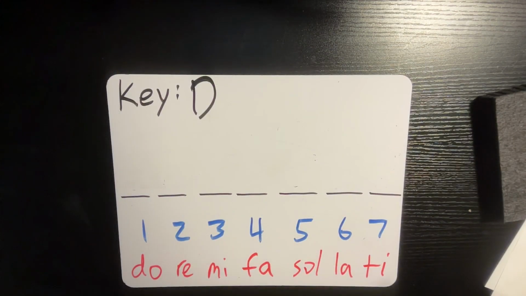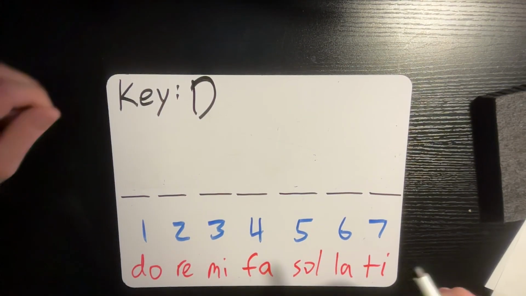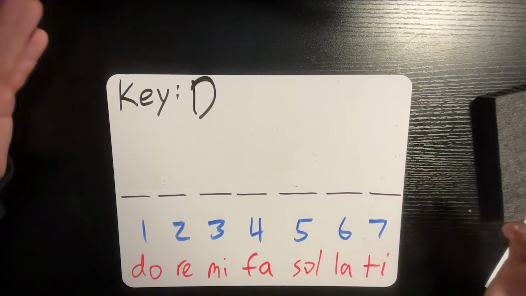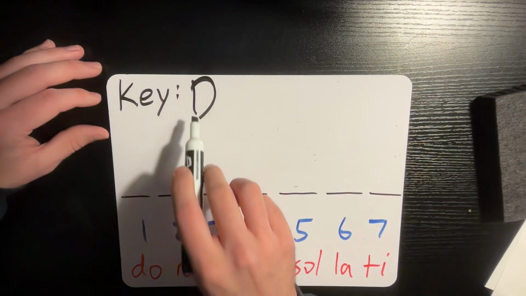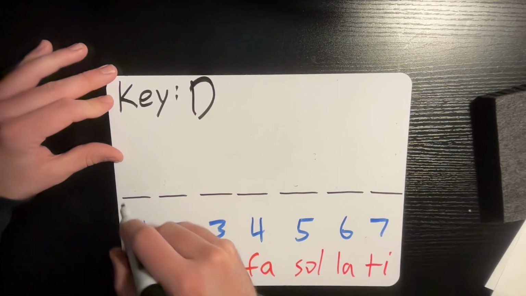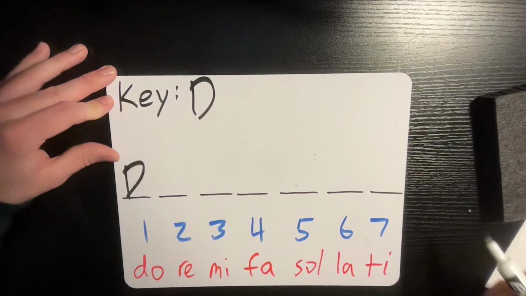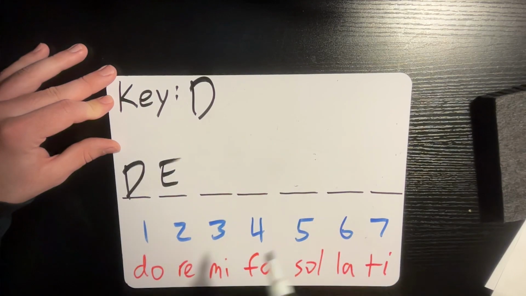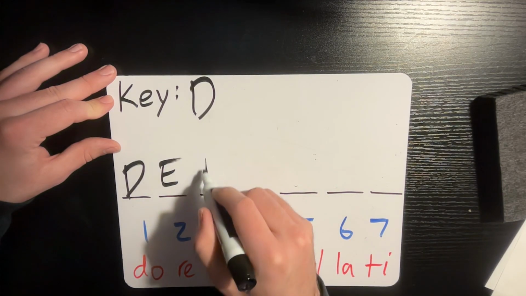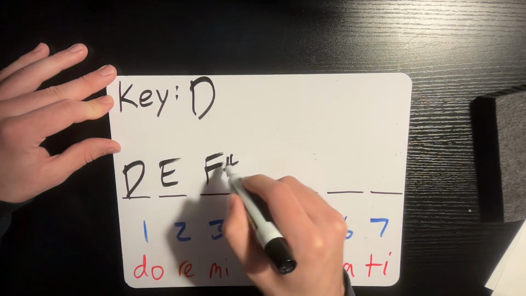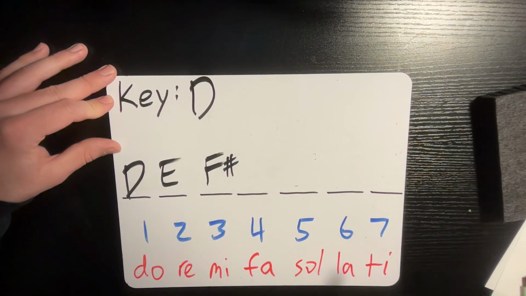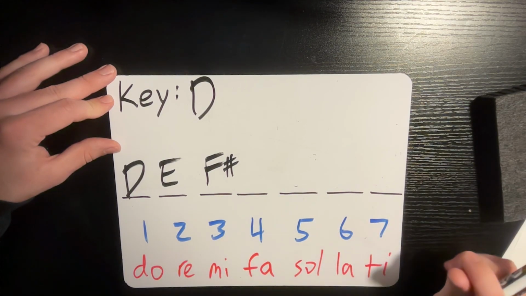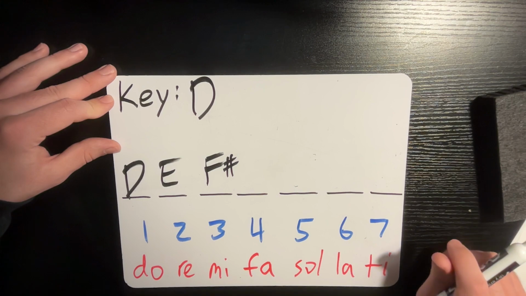All right, so the key of D. Obviously, the first note in any key is going to be the note that the key is named after. So the key of D, we start with the note D. A whole step up from D is E, and then F sharp. We still have F sharp left over from G major, which was the last key around the circle of fifths.